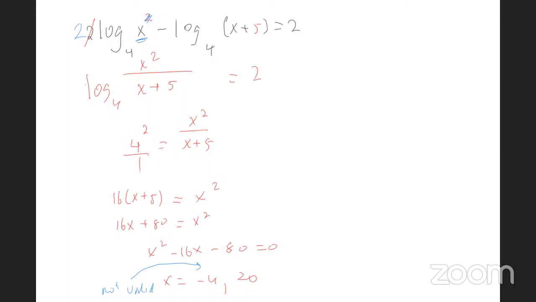So you will say not valid, and the only solution there is 20. Because if you put -4 in here, you're finding log of a negative value, which will give you an error. So -4 is technically not a solution.